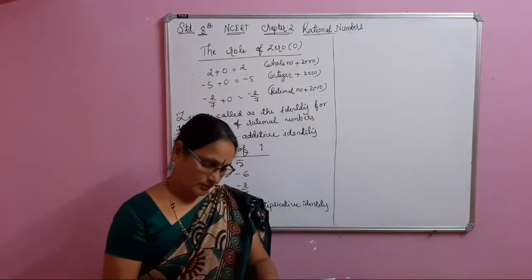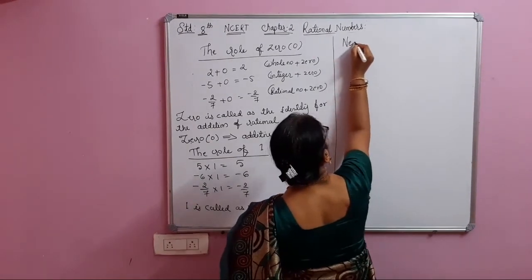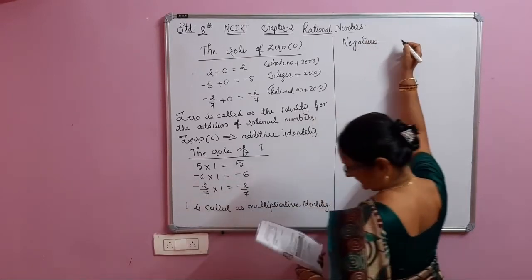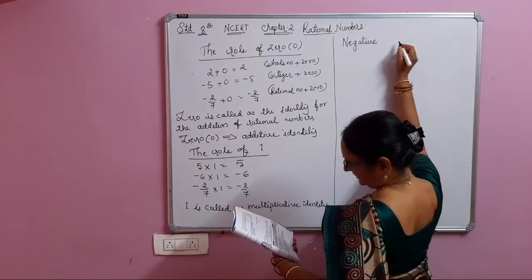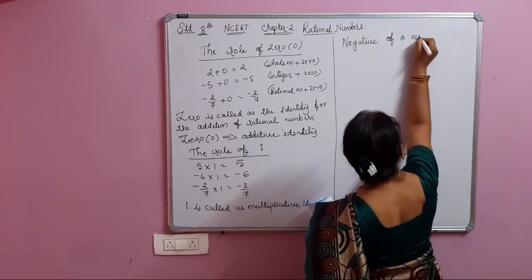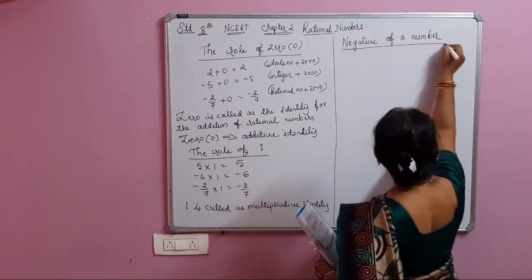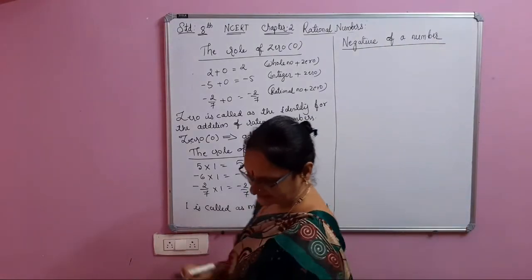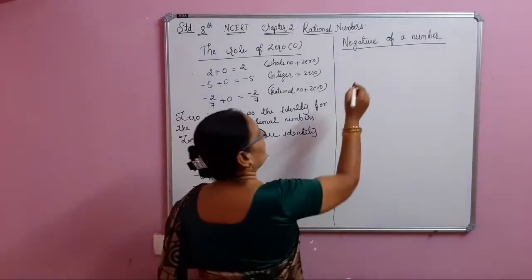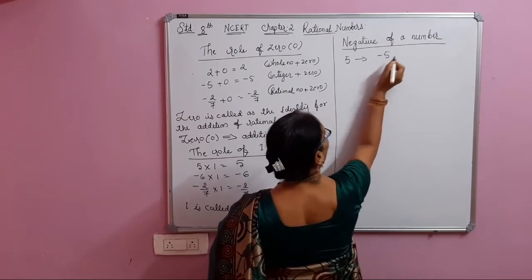Next, one more important topic related to this chapter: negative of a number. Suppose 5 is a number, its negative is -5.